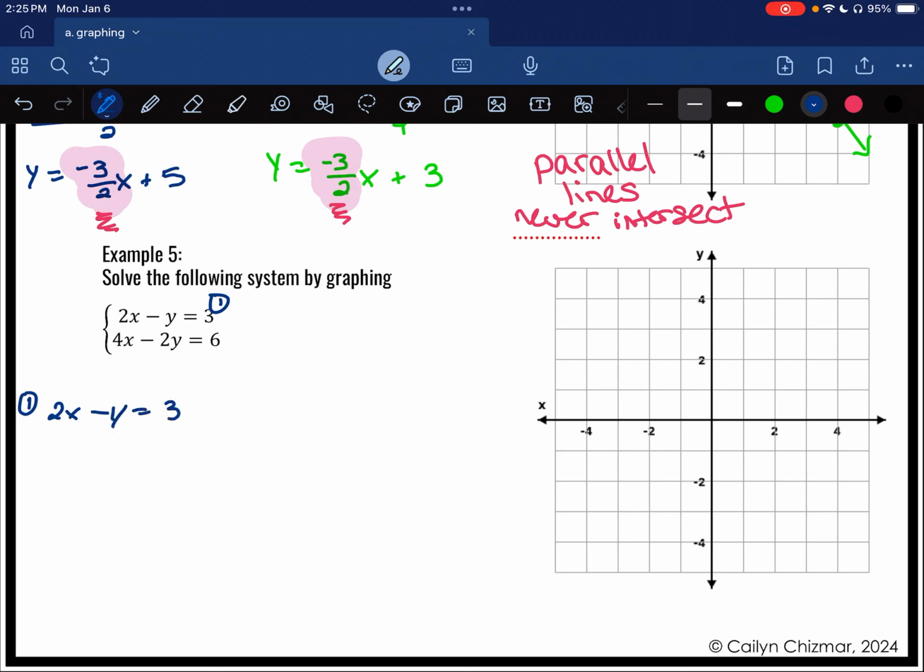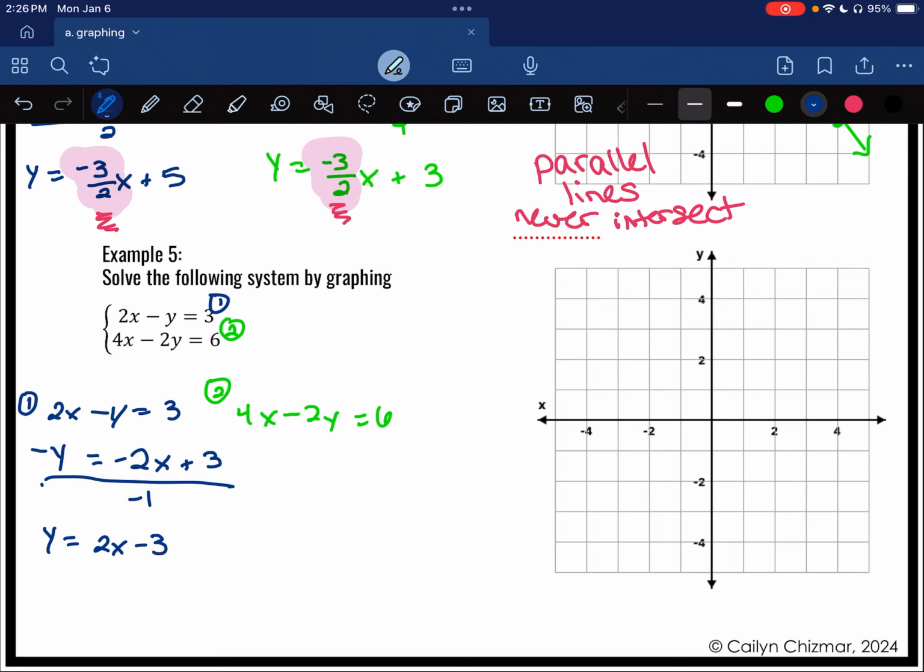And you'll notice I didn't put a single one in the notes in slope-intercept form, probably because I'm an algebra teacher and I want to practice rewriting a linear equation. So I'm going to subtract 2x here, and I got negative y equals negative 2x plus 3. And divide both sides by negative 1. I end up with y is equal to 2x minus 3.